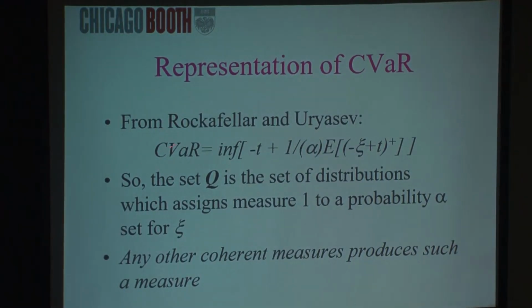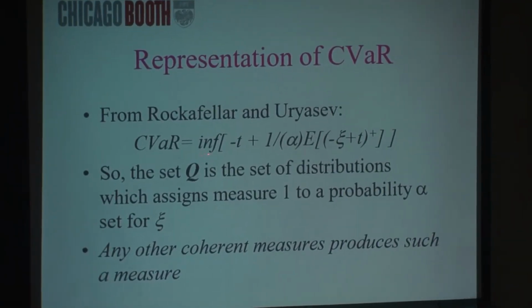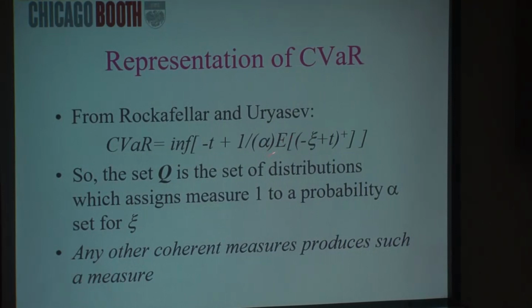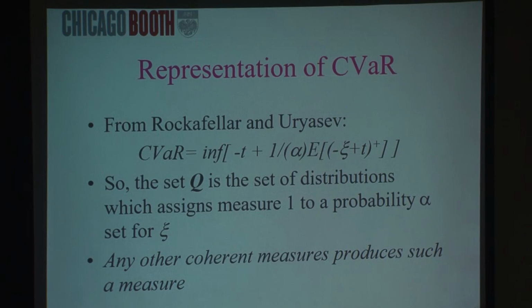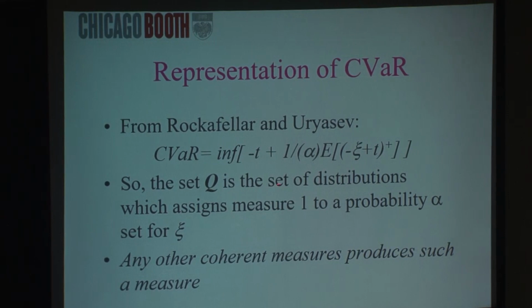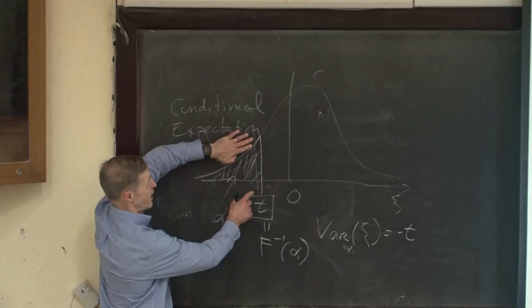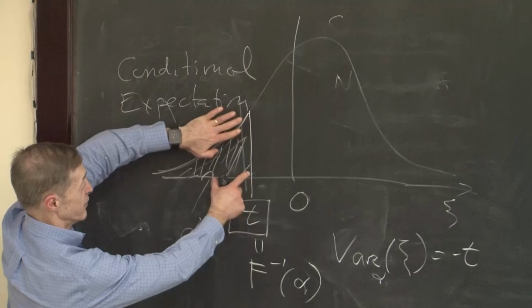Now, it turns out that CVaR can be represented this way. It has a representation as the infimum of minus T plus 1 over alpha times the expectation of the positive part of T minus C. Another way to think about it is it's the distribution that essentially gives you the lowest possible value if you assign a measure of alpha to some part of this distribution.